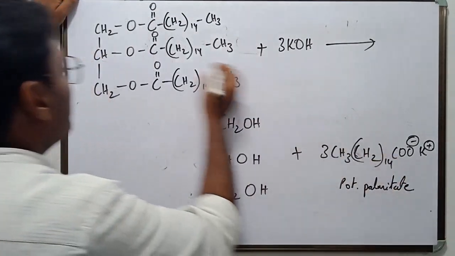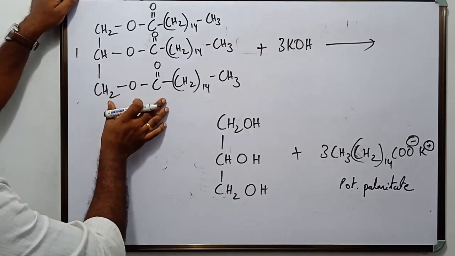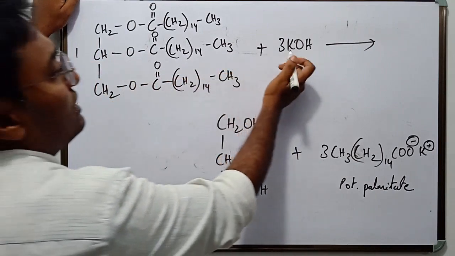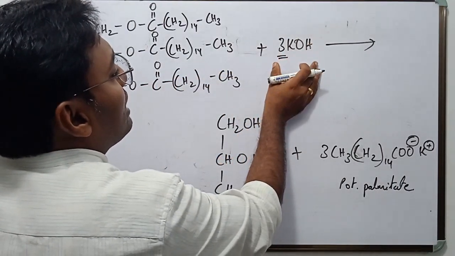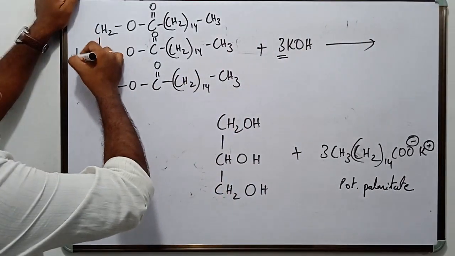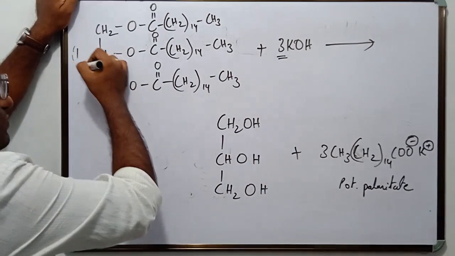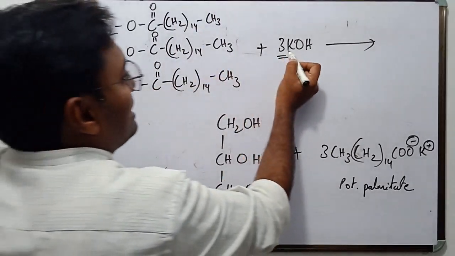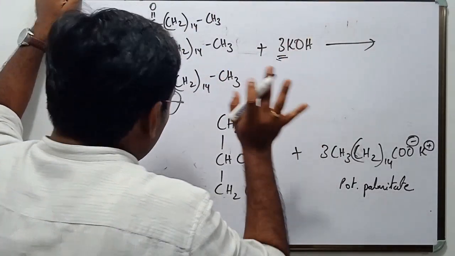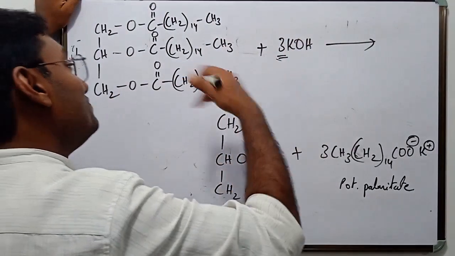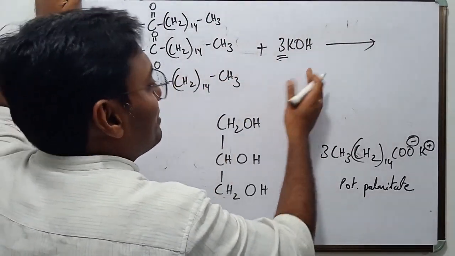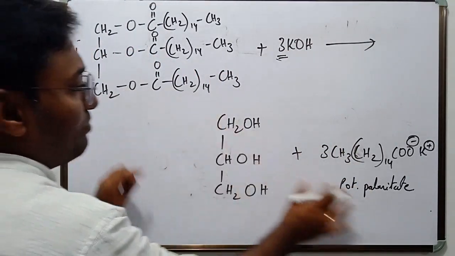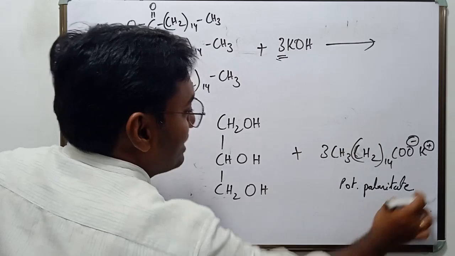Please observe that for every 1 mole of glyceryl tripalmitate or any other triglyceride molecule that I use, 3 moles of KOH is consumed. For every 1 equivalent of triglyceride molecule that we use, 3 equivalents of KOH is being consumed. Please note this point. It is a very important point and we will use it when we discuss significance.